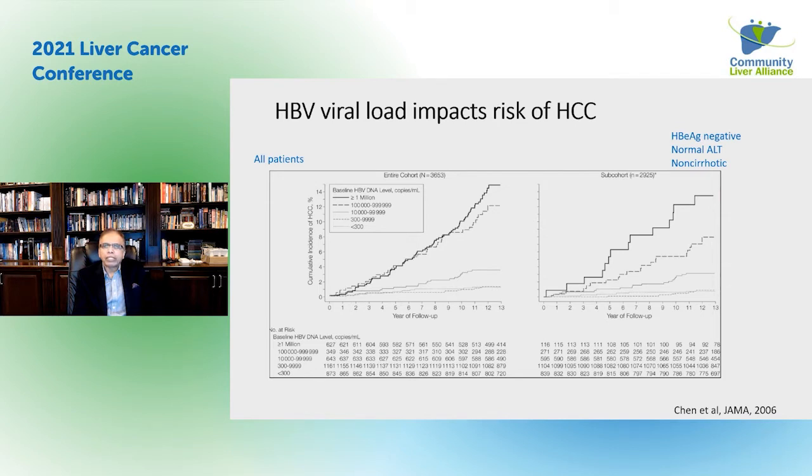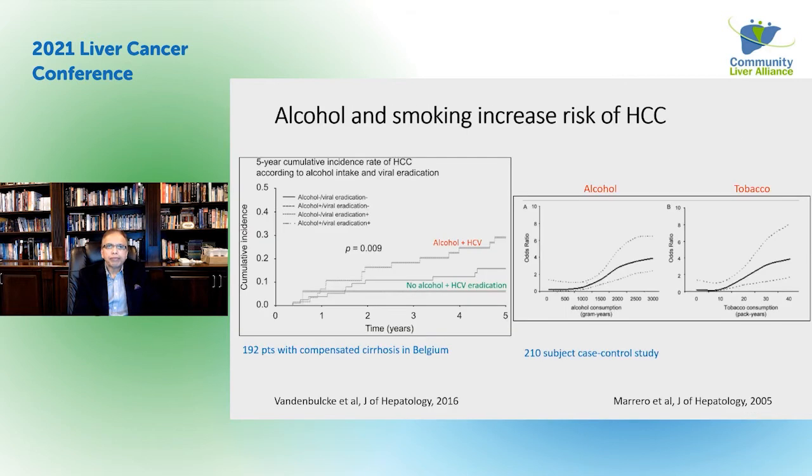However, there is a subgroup of patients who may have high DNA level who are HBe antigen negative, and they have a mutation in hepatitis B that causes E antigen negativity. Even in this subgroup of patients, those with the highest level of DNA had the highest risk of hepatocellular carcinoma. So this study showed the association between viral load and risk of HCC. Next slide, please.